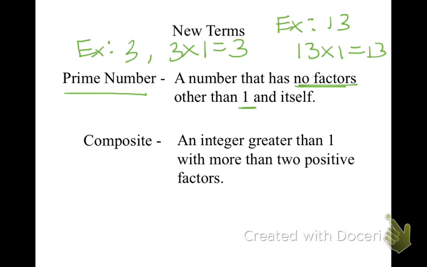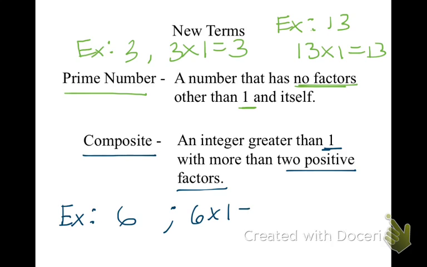Then our other new term we're going to learn is something called a composite. So this is an integer greater than 1 that has more than two positive factors. So for example, let's pick 6. The factors of 6 are, we have 6 times 1, which will give me 6, and we also have 2 times 3, that will give me 6.